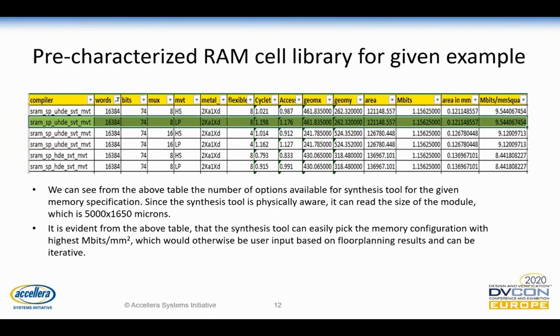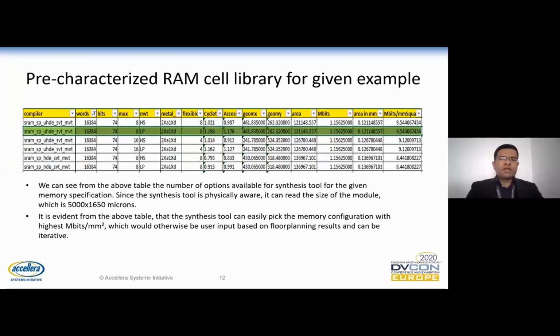Since the synthesis tool is physically aware, it can read the size of the module. The synthesis tool can now easily pick the memory configuration with highest megabits per millimeter square, which would otherwise be user input based on floor planning results, and it can be iterative. So this is how the new memory compilation results will look like.